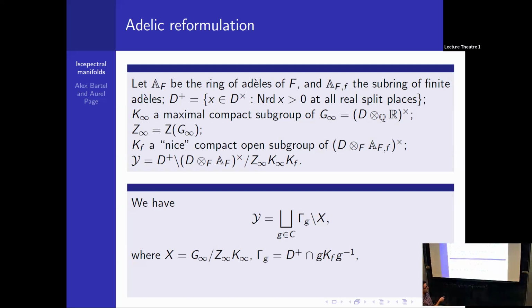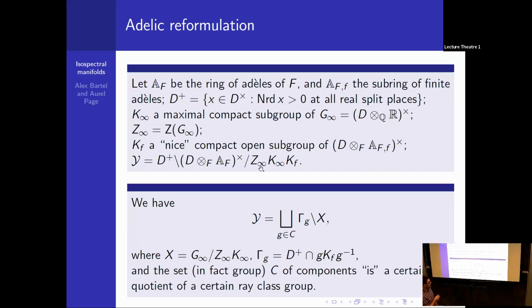So first of all, these gammas you can obtain explicitly as follows. And what is C? C a priori is just the set of components of this disconnected manifold. But in fact, it can be essentially canonically identified with a certain class group, or really a certain quotient of a certain ray class group.